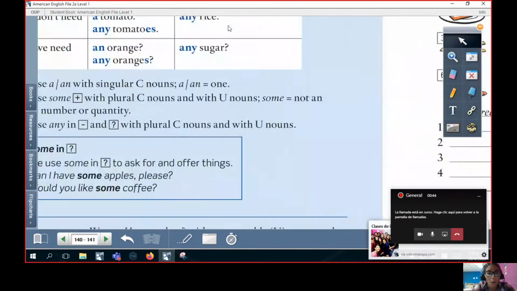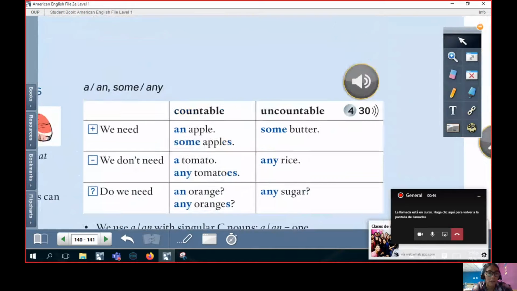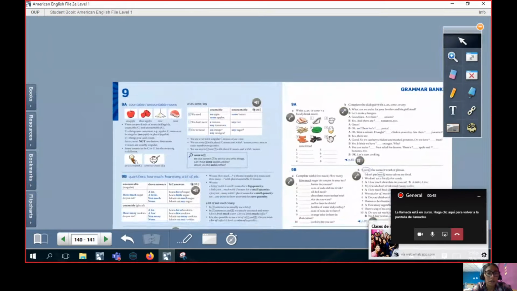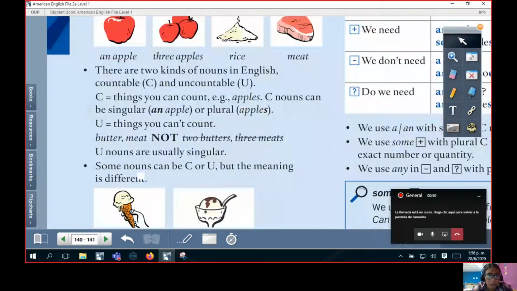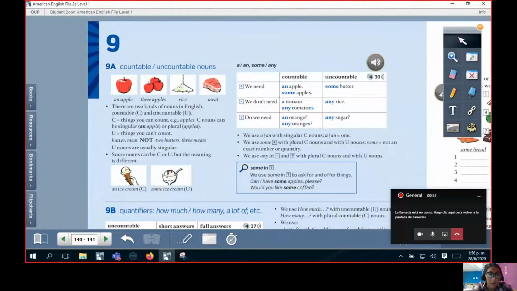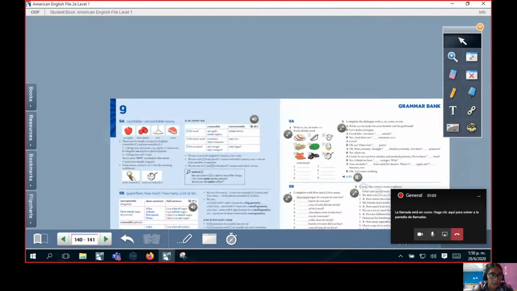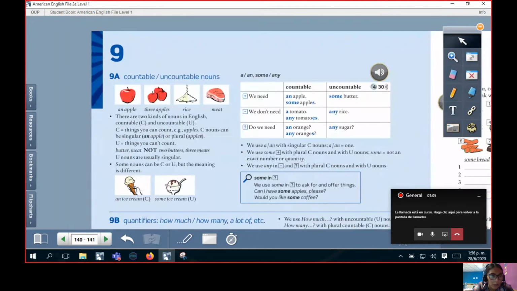On page 140, we have some explanations about countable and uncountable nouns. That is the same that I taught in the previous video. The first thing is that there are two kinds of noun in English, the countable nouns and the uncountable nouns.